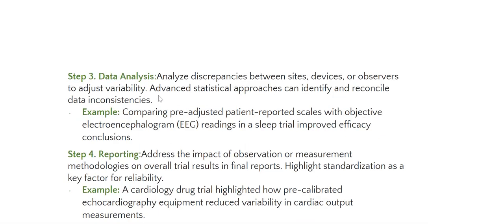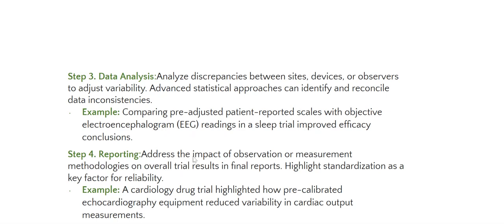Step three, data analysis. Analyze discrepancies between sites, devices, or observers to adjust for variability. Advanced statistical approaches can identify and reconcile data inconsistencies. For example, comparing pre-adjusted patient-reported scales with objective electroencephalogram (EEG) readings in a sleep trial improved efficacy conclusions.